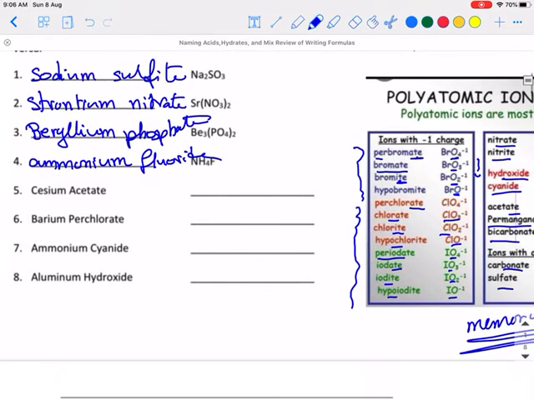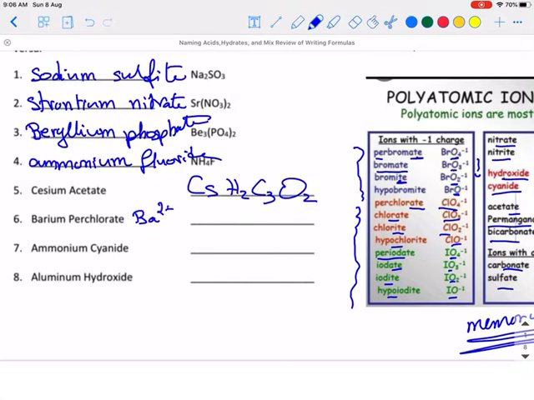Cesium acetate. Now he gave me the name and we want to write the formula. Cesium is Cs, acetate, C2H3O2 minus, crisscross, ratio 1:1. Barium perchlorate: perchlorate is ClO4 minus, barium is 2 plus, crisscross, and it will be barium perchlorate.